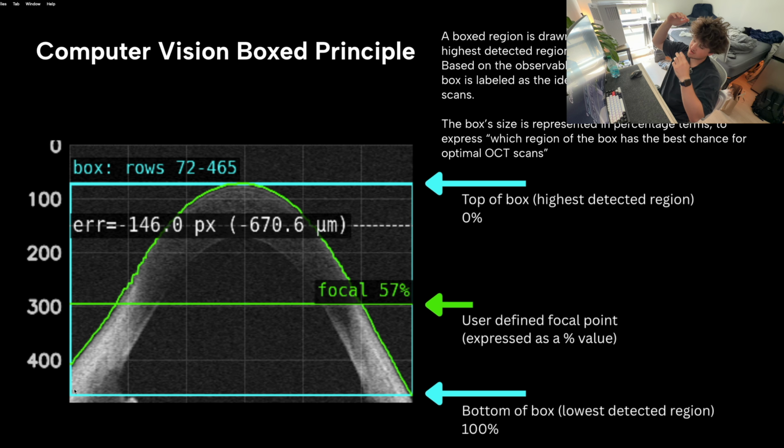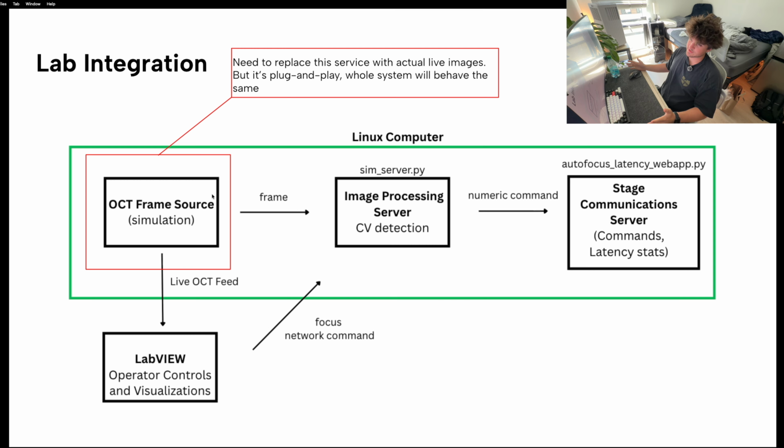Now that you have this entire box, you can split the region proportionally so that you can set a focal point somewhere in that box where we will later discover is the most optimal point for scans. Lab integration will just require the swap out of the OCT frame source. Everything else can stay the exact same.